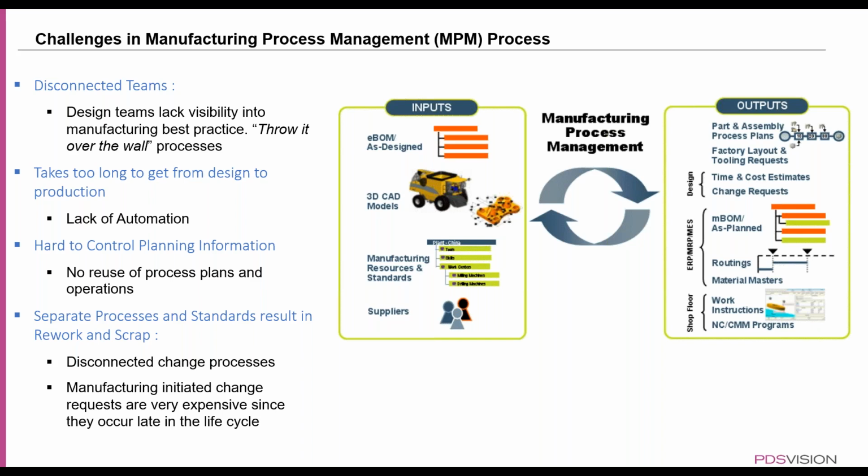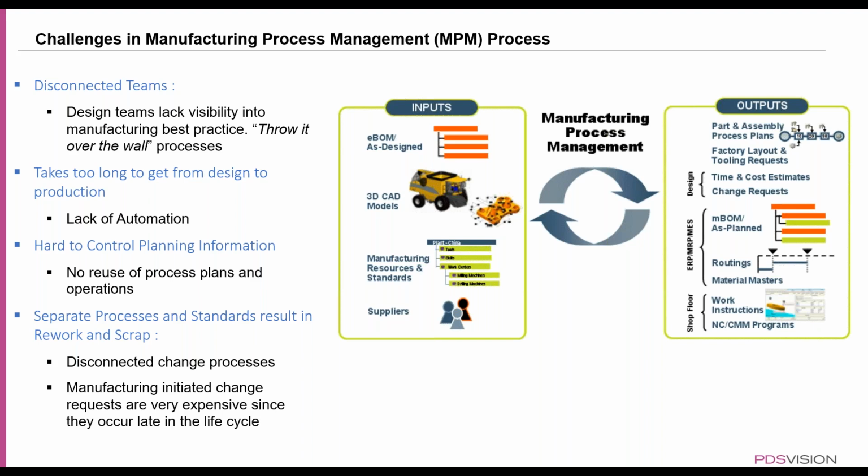Yeah, so that is the second issue, that it takes long to get from design to manufacturing, because before we can actually start, we need to wait for the design team to release, and if they're taking long to release, it basically delays our process as well, and then eventually delays us getting this product out the door.